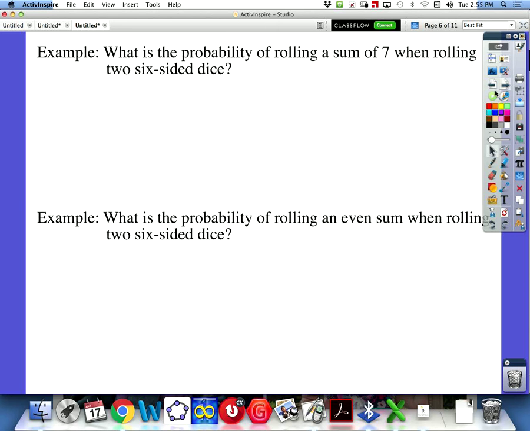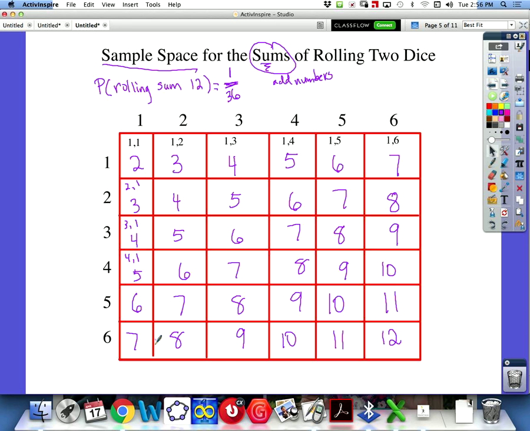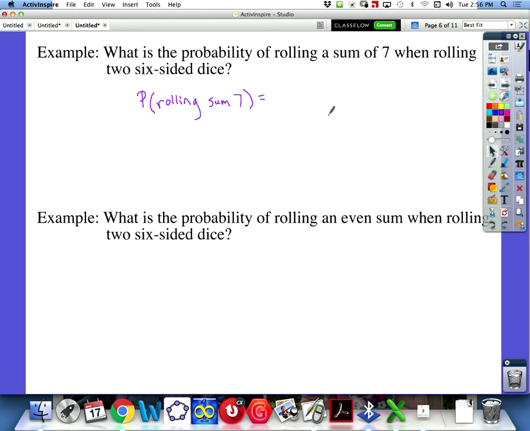So now there's 2 examples looking at this sample space. This one says, what is the probability of rolling a sum of 7? So instead of doing any math, we're just going to go to my chart. I find my diagonals of 7 and I look and there's 1, 2, 3, 4, 5, 6 ways to get a 7.